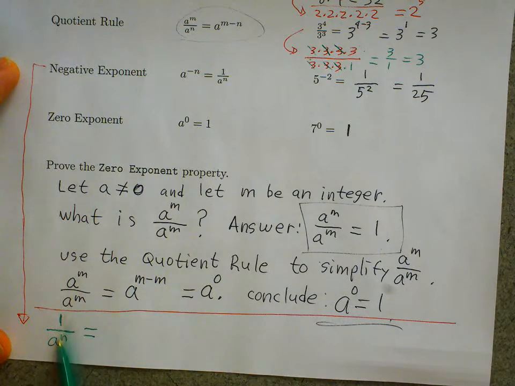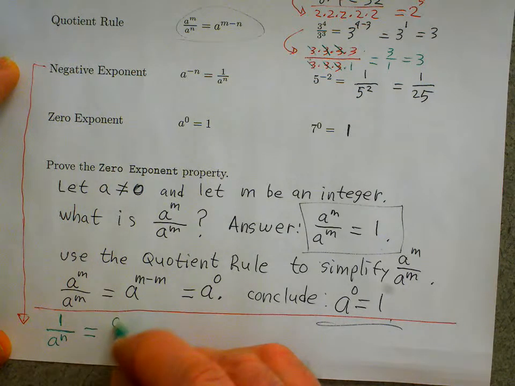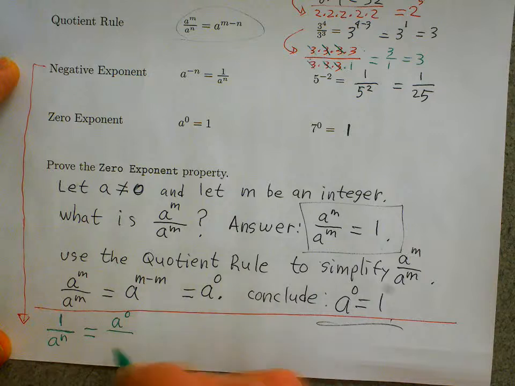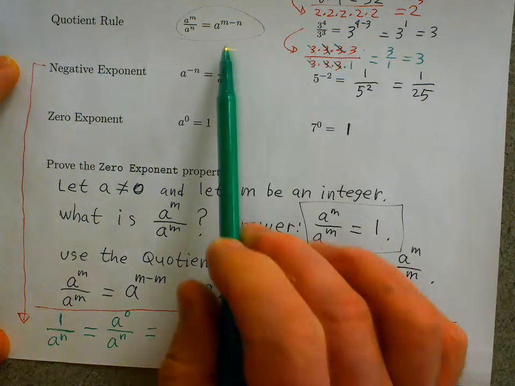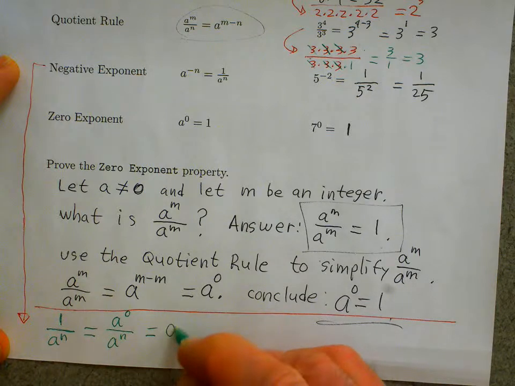So 1 over a to the n is equal to a to the 0 divided by a to the n. And then if I apply the quotient rule to this term, a to the 0 divided by a to the n, according to the quotient rule, this is a to the 0 minus n.